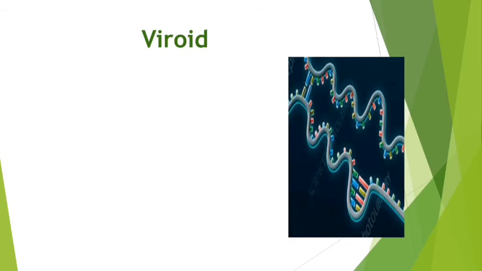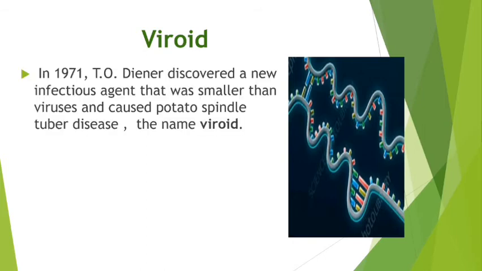Then my dear students, now let us learn about another term, that is viroid. So what are viroids? We will learn now. In 1971, T.O. Diener discovered a new infectious agent that was smaller than a virus and caused potato spindle tuber disease, and he named it viroid.